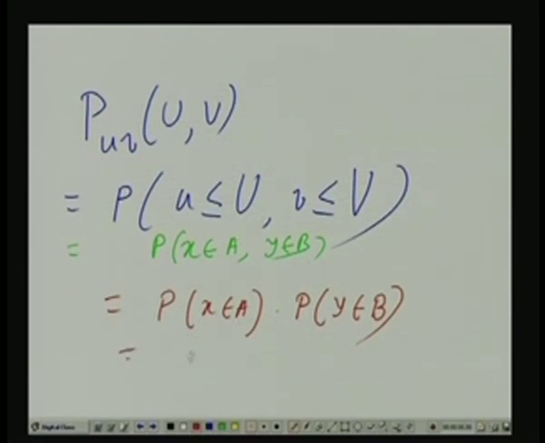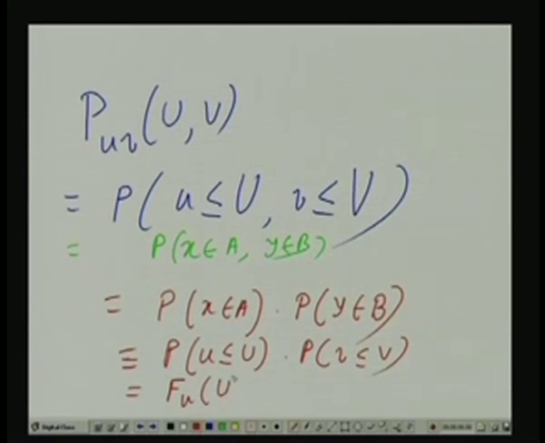So this probability is equivalent to the probability of u less than or equal to capital U, and by the same logic this is equivalent to the probability of v less than or equal to capital V, and by definition this is the probability distribution of u and this is the probability distribution of v. So, this means that u and v are also statistically independent. This is what I wanted to prove.